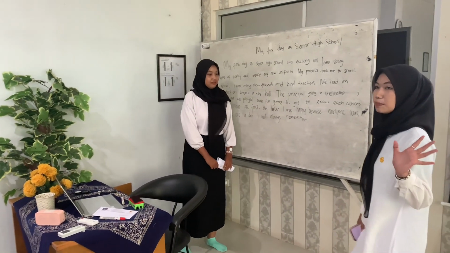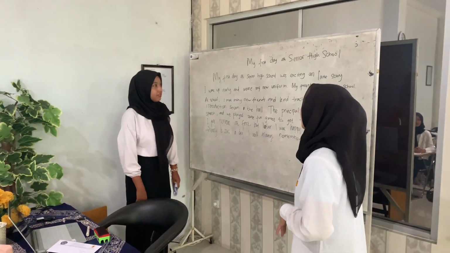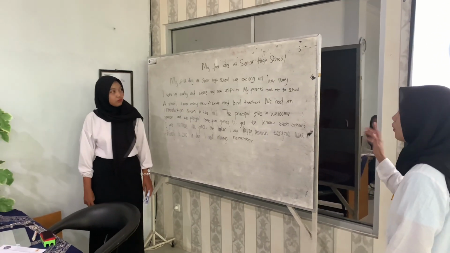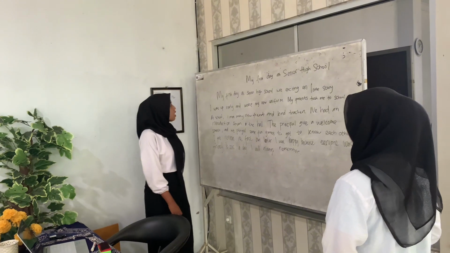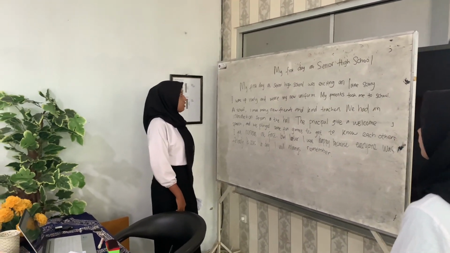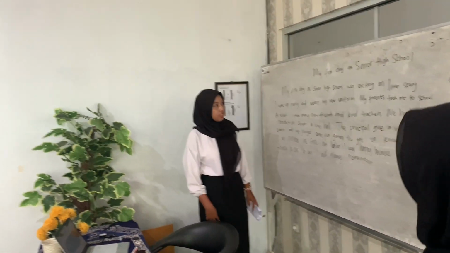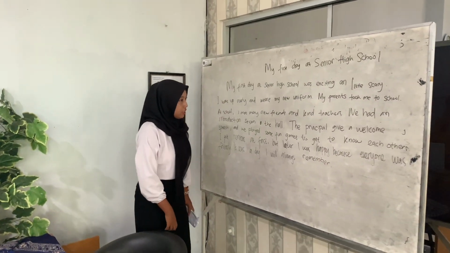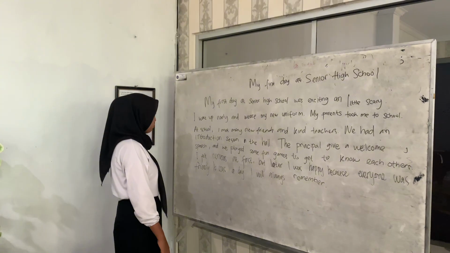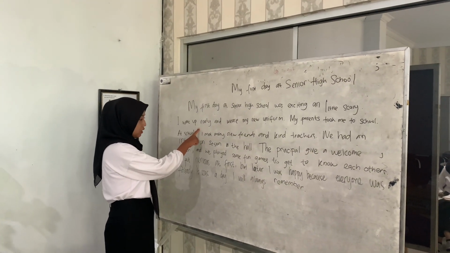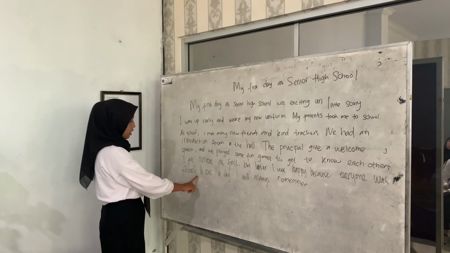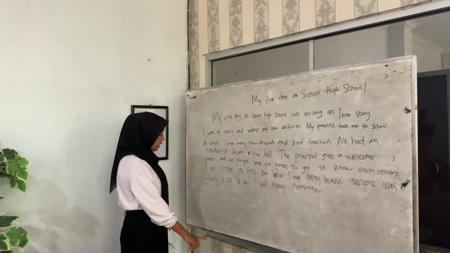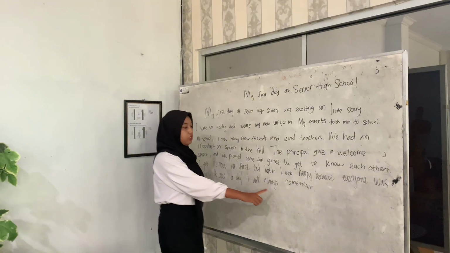Okay, so guys, based on this text, let's analyze. Where is the orientation? I think the orientation is the first sentence, my first day until little scary. Okay. And then the events are from I woke up until friendly. Okay. And the reorientation is the last sentence, it was a day I will always remember.